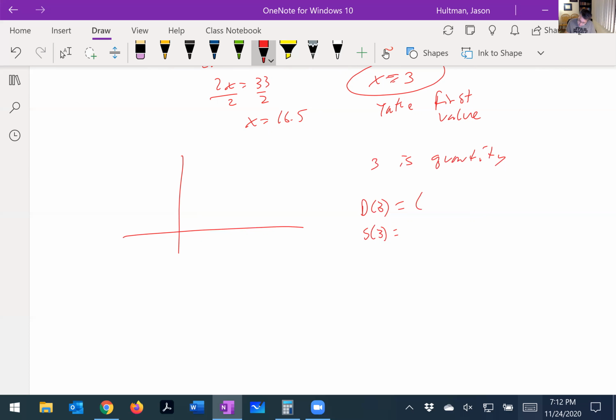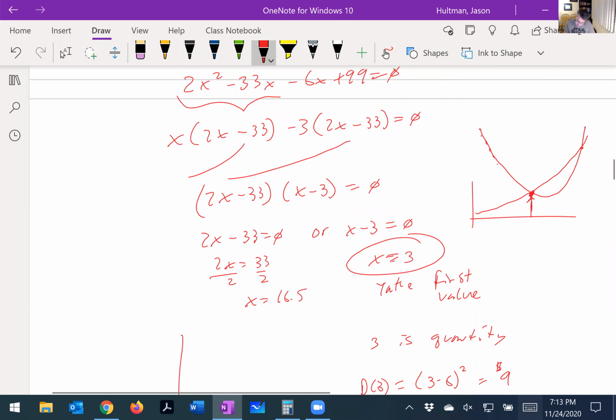So this is going to be 3 minus 6 squared, which is 9. So that's $9 apiece at 3. And then if I did 1/3 times 3 squared plus 3, times 2 times 3 plus 3, is this right? What was the supply curve?